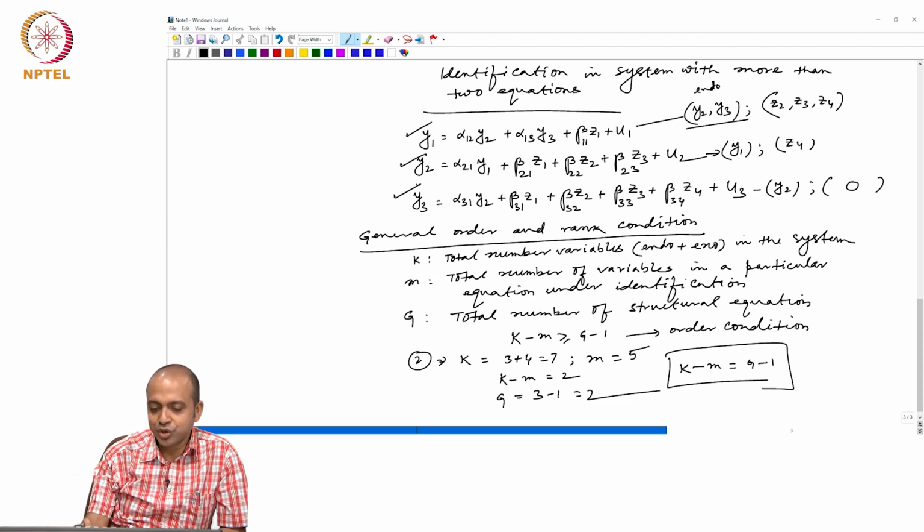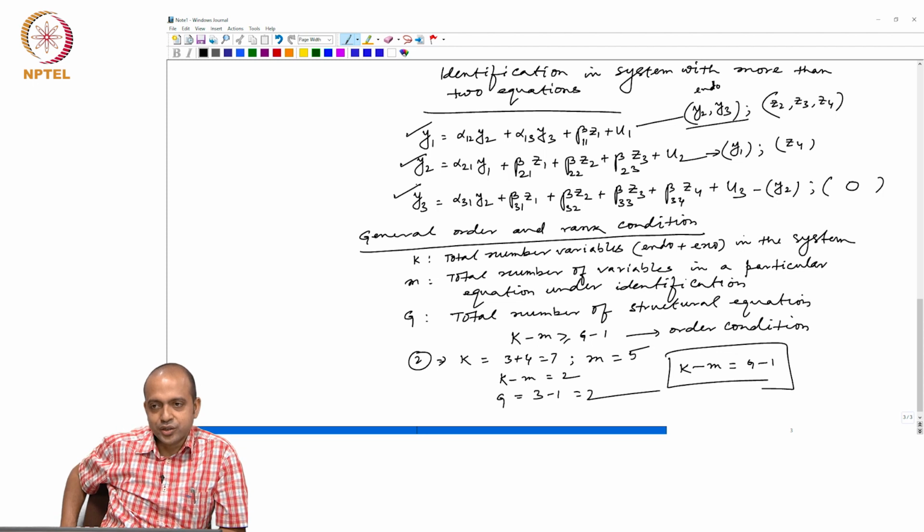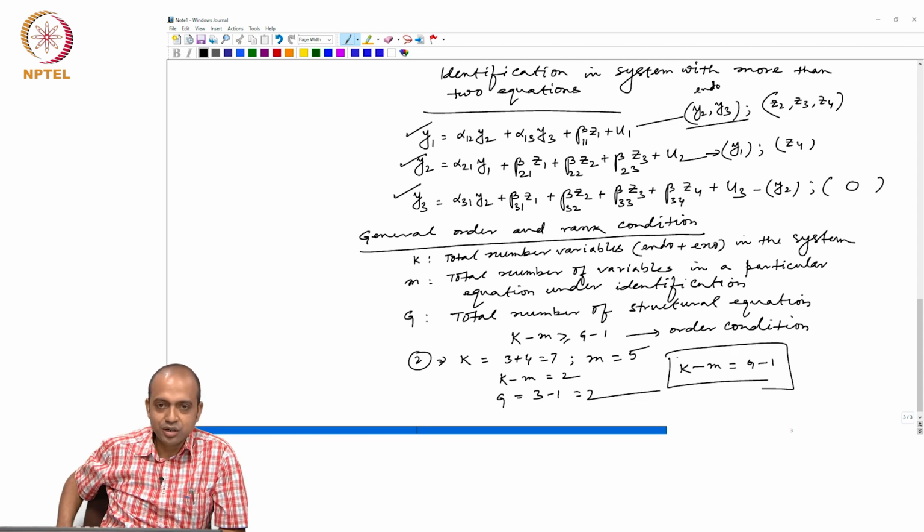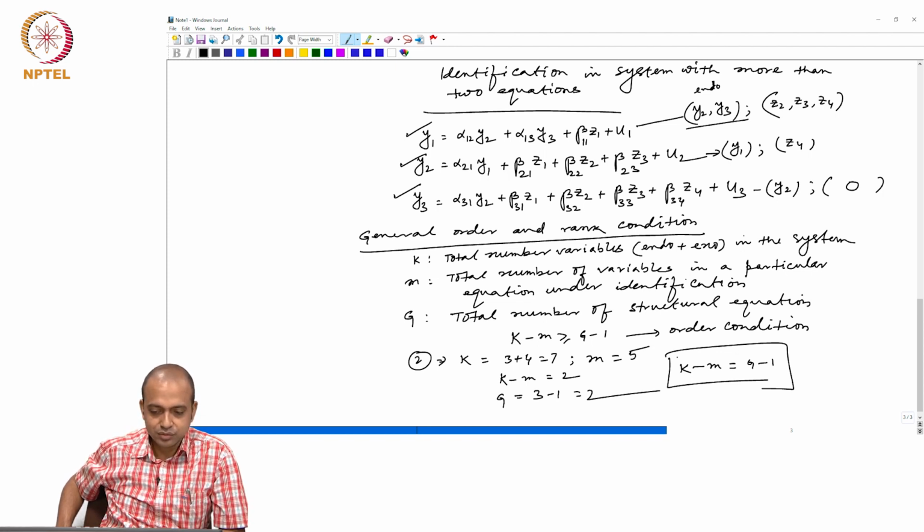Greater than or equal to. So, G minus 1 would be the total number of endogenous variables minus 1, and on this side you have the excluded endogenous variables. So, this is how the general order condition is satisfied, but the rank condition is a little involved.